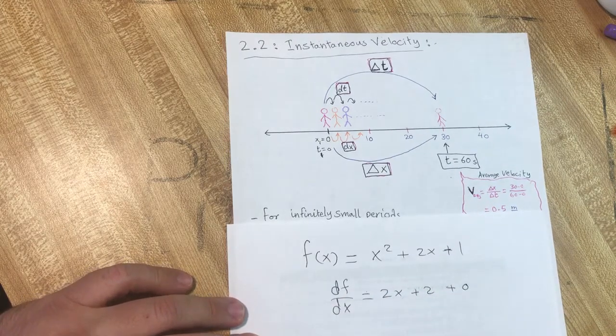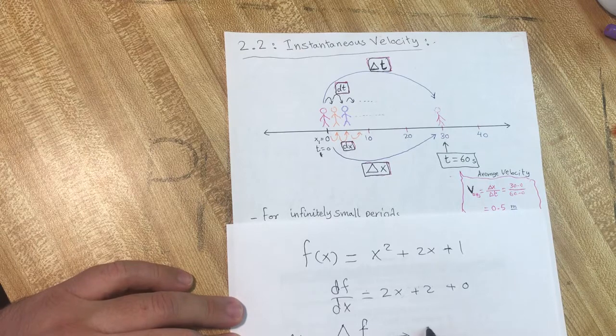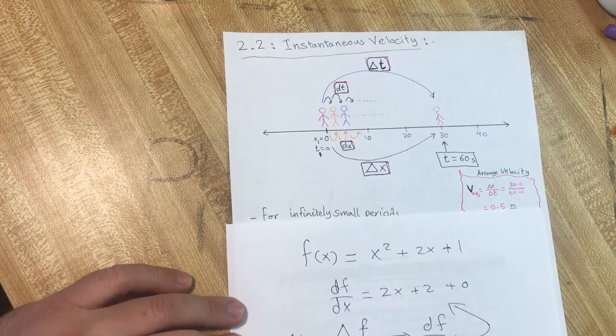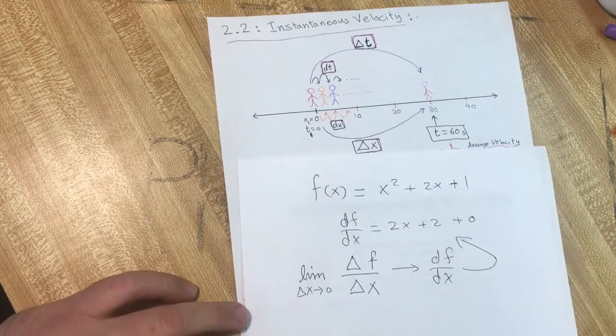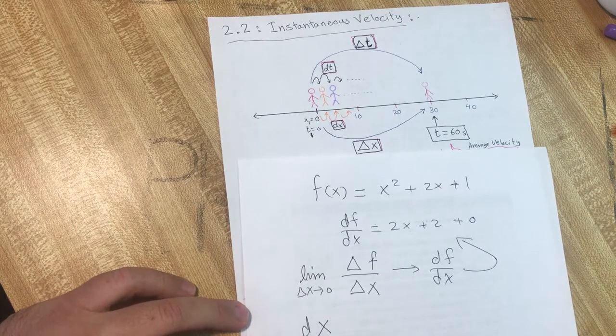If you remember, it is the same as delta f over delta x, and we need to take the limit when delta x goes to 0. This gives us df by dx, which is the first derivative. Now we see that the first derivative of x with respect to t is the instantaneous velocity.